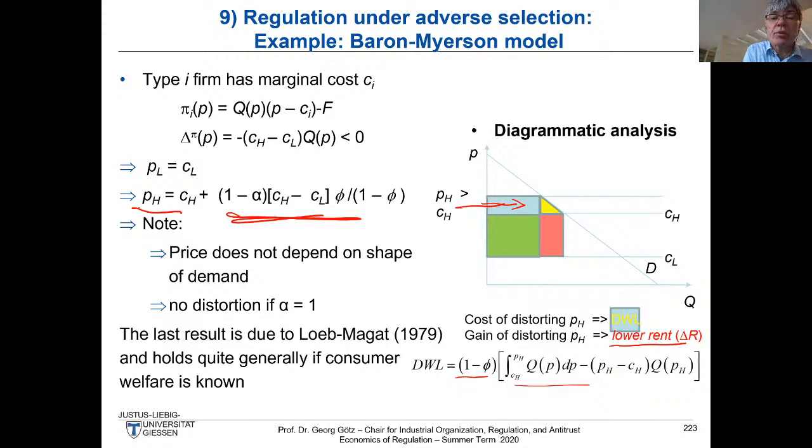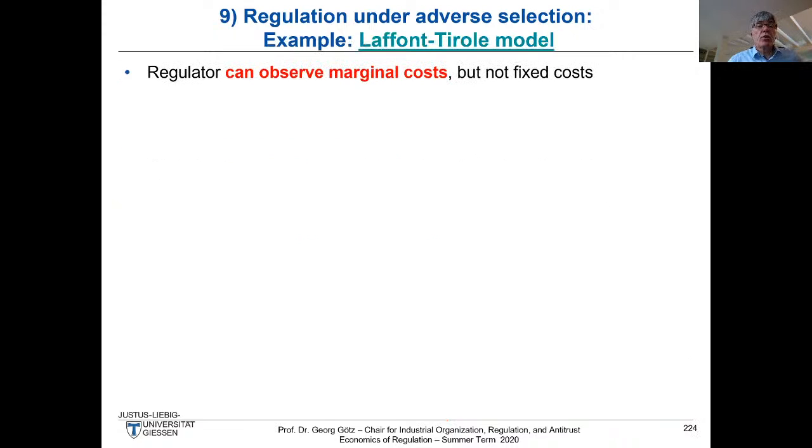This is just the whole area below the demand curve, integrated in a horizontal rather than a vertical sense, and you subtract this blue rectangle, and at the same time you get the delta R. You could even use this approach, DWL plus delta R, in order to derive the first best here, or the optimum.